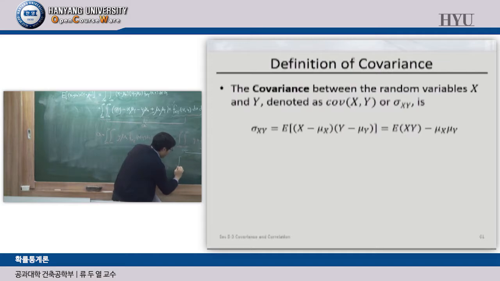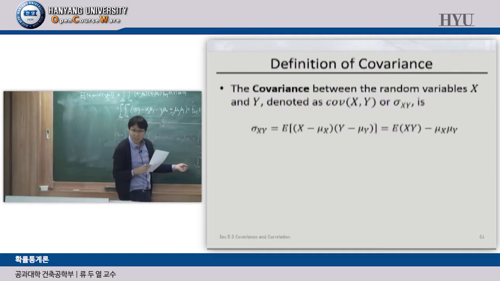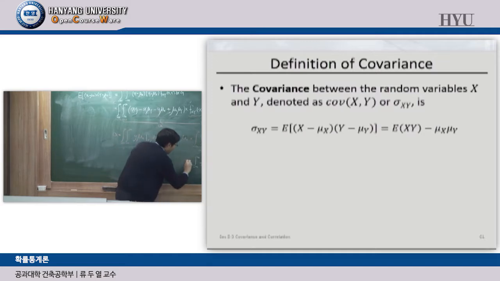That is the integration from minus infinity to infinity of the joint probability density function f_XY dx. What is this? That is the marginal probability density function of y, right? That is equal to f_Y.